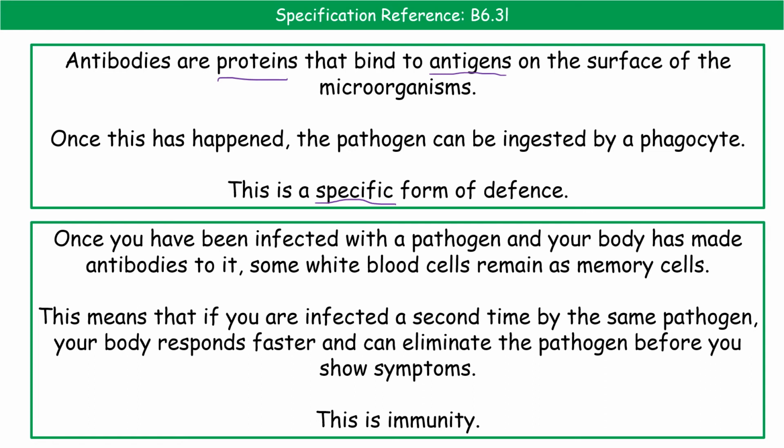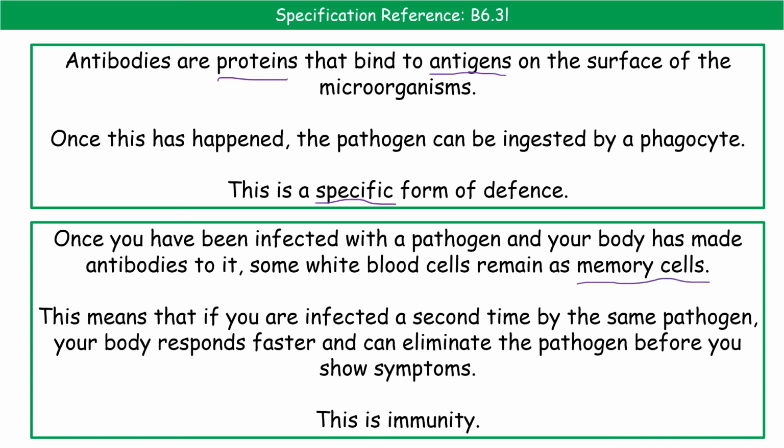In terms of what our body does then, once you've been infected with a pathogen, your body has made these antibodies to it. So some of those lymphocytes that recognize the antigen, made the complementary antibody, then some of them remain as a memory cell.